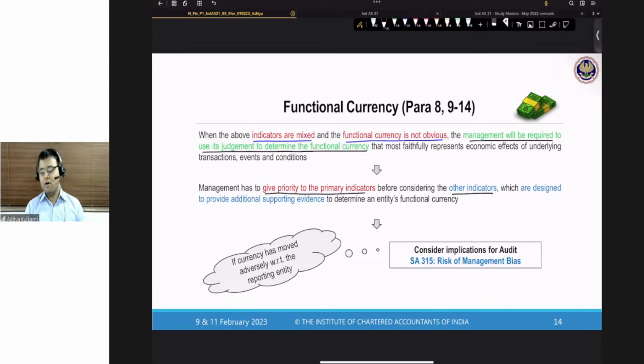All of us know that the rupee has weakened compared to the dollar in the recent couple of months. So I'm having two entities. First is A Limited, export oriented. I'm having B Limited, import.